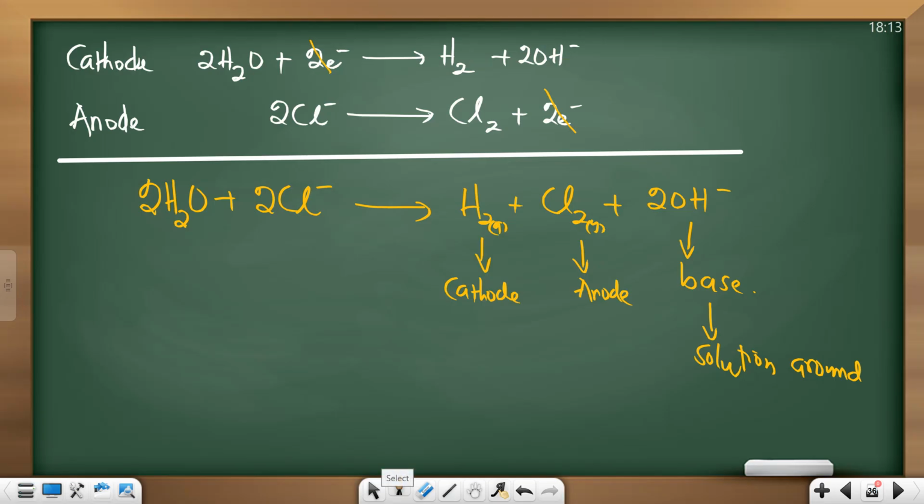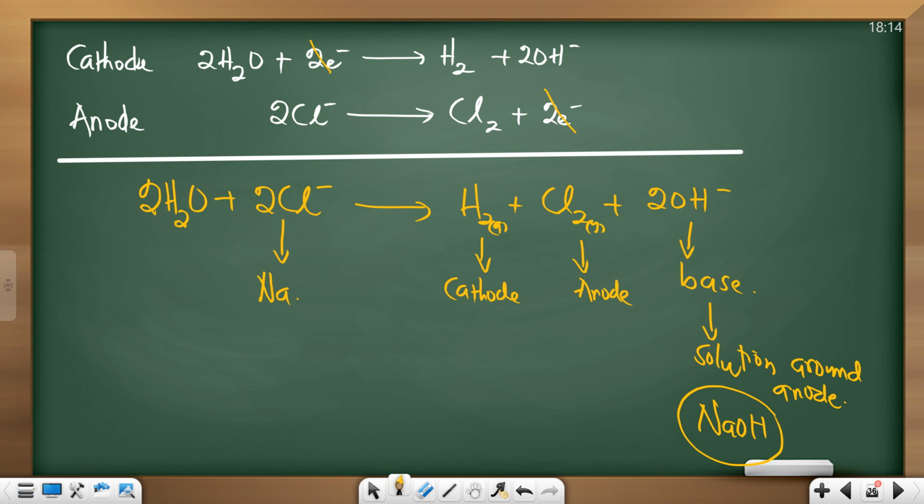All right, so do you notice the solution around the anode? It is basic. So an examiner can bring in acid and base here. Name the base that is formed around the anode. It is sodium hydroxide. Remember, this was sodium chloride before.